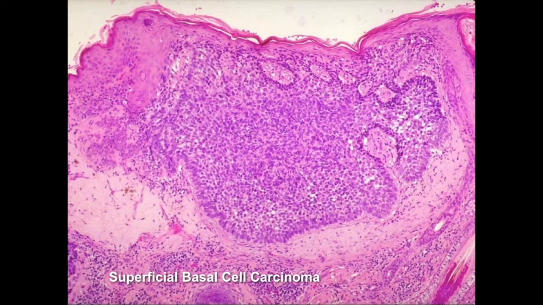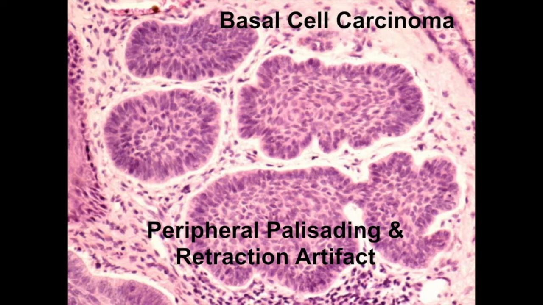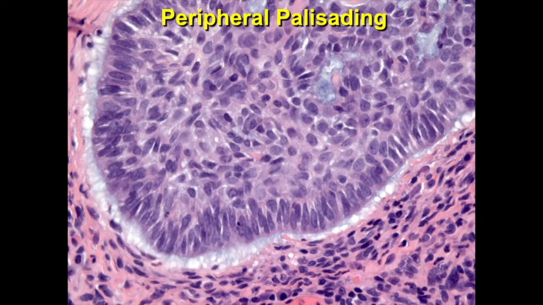Now, there's other lesions that are basophilic and invasive besides basal cell carcinoma. One of the features we look at histopathologically to confirm the diagnosis is the presence of peripheral palisading and retraction artifact seen here. Peripheral palisading refers to the arrangement of the cells in the periphery of the specimen, which is perpendicular to the marginal lobule.